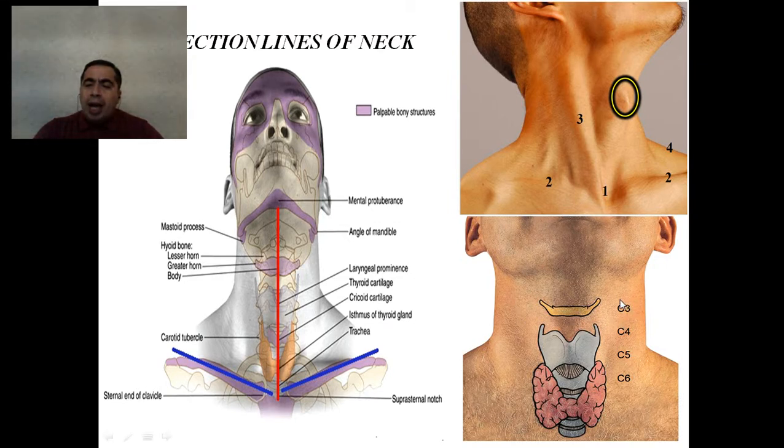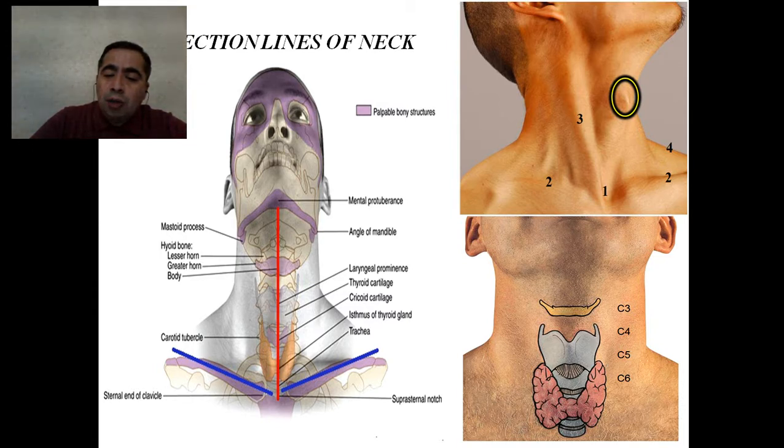which is located at the level of the third cervical vertebra, and the thyroid cartilage at the level of the fourth, and the inferior part of this cartilage also corresponds to the fifth cervical vertebra.